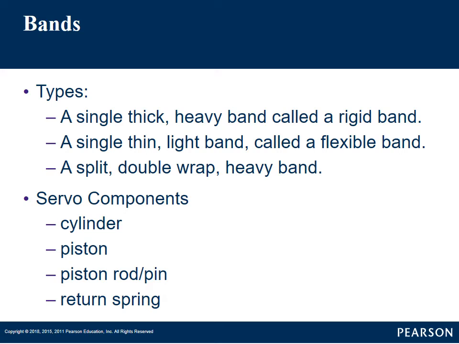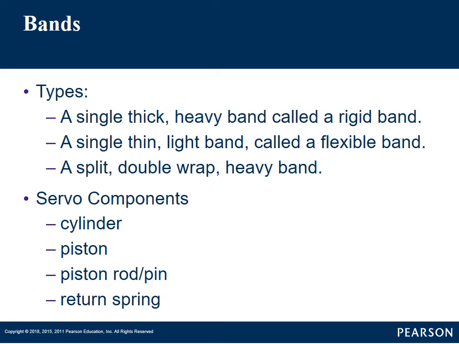It's going to have the most friction material on it, and then probably your rigid band after it, with your flexible band being the weakest of those bands. But you're going to see all three of these different types of bands in a transmission.